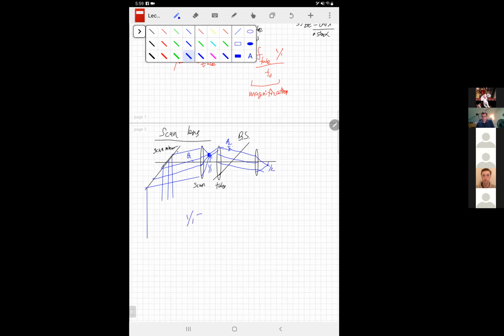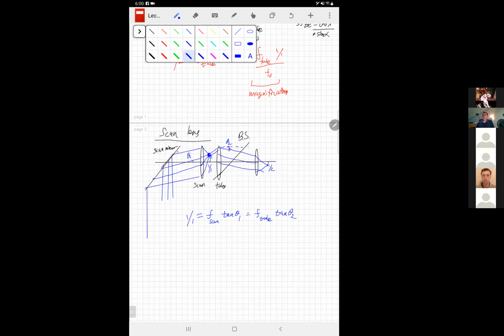So y1 is equal to F scan tan theta 1. It's also equal to F tube tan theta 2.